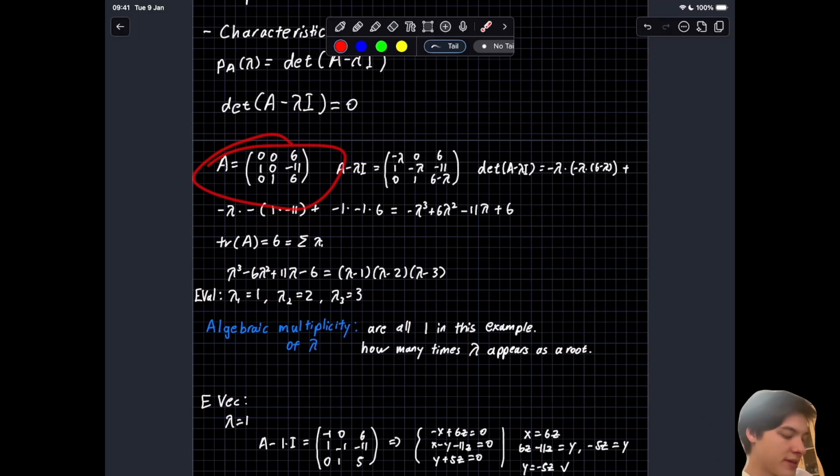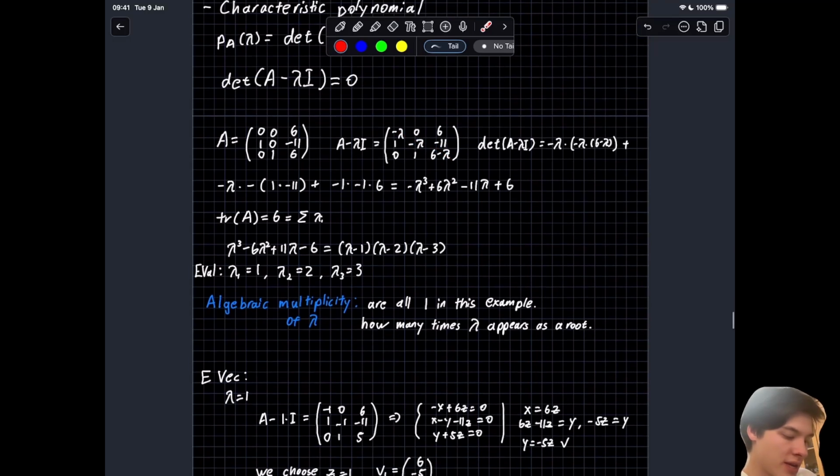Let's go with this matrix. Then we would do minus lambda on the diagonal of every entry, and then we would write down the determinant or the polynomial for this. We get an equation. There are different ways to guess what the eigenvalues are. For example, the trace is the sum of the eigenvalues.